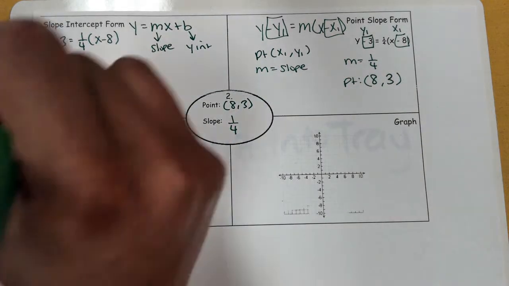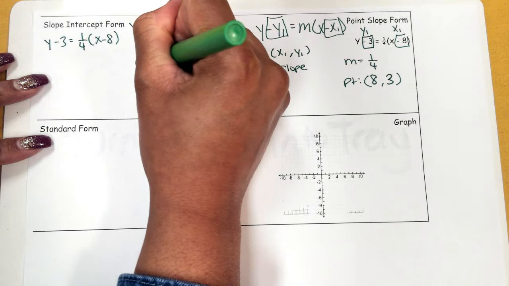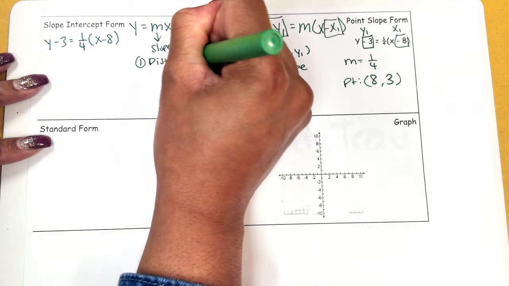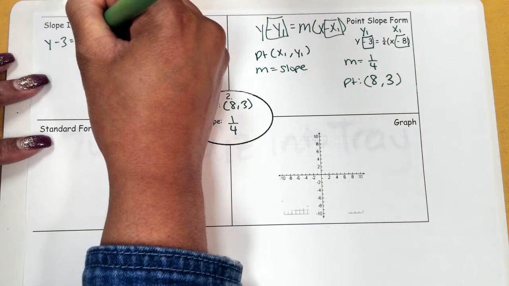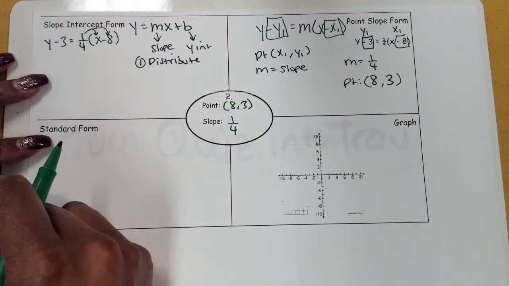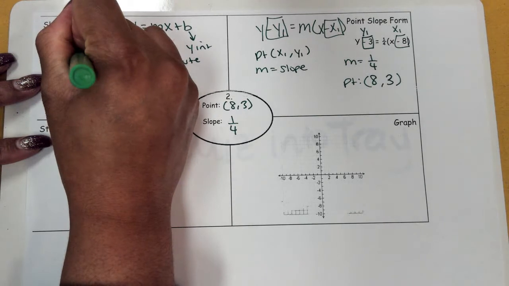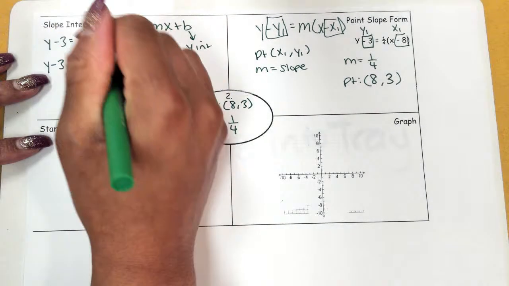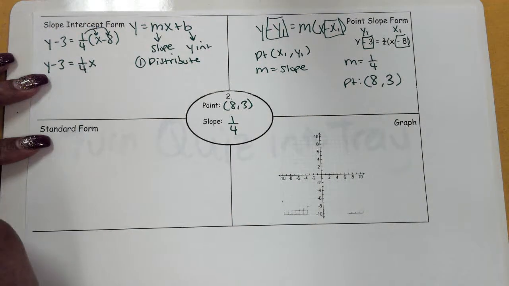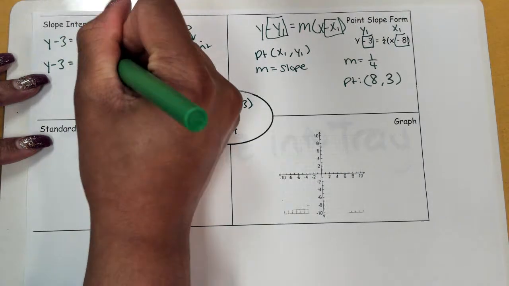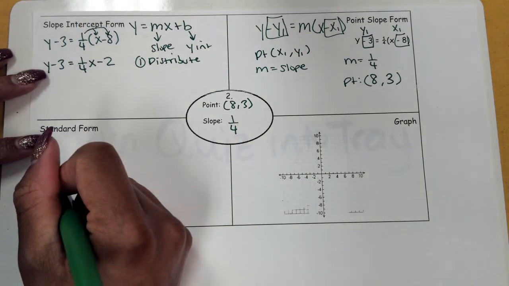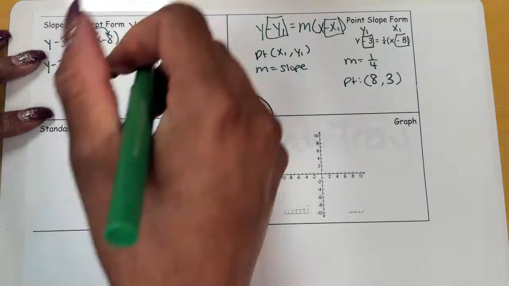So the first thing I'm going to do is distribute. I'm going to distribute my 1/4 to both terms in parentheses. So then I'm left with y minus 3 is equal to 1/4 x, and then 1/4 times a -8 gives me minus 2. So I've done that first step of distributing.